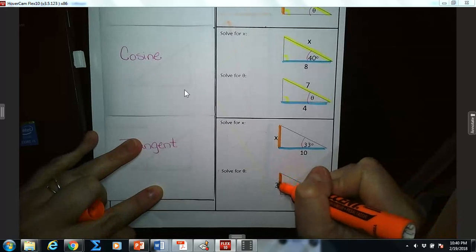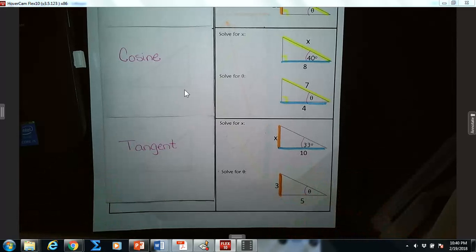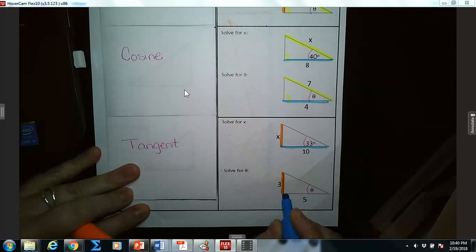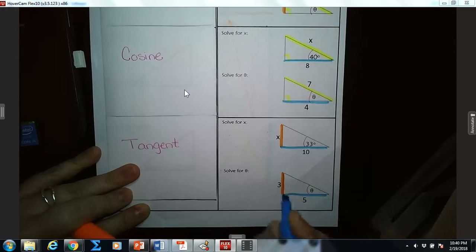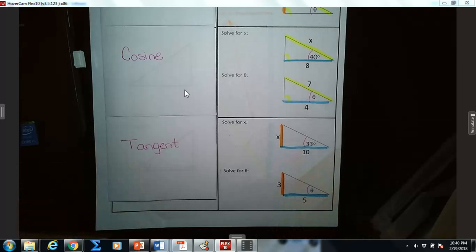So here we have an opposite and an adjacent. Okay, and that's true if we're solving for the side or if we're going to be solving for this angle. It's still working on the opposite and the adjacent values.